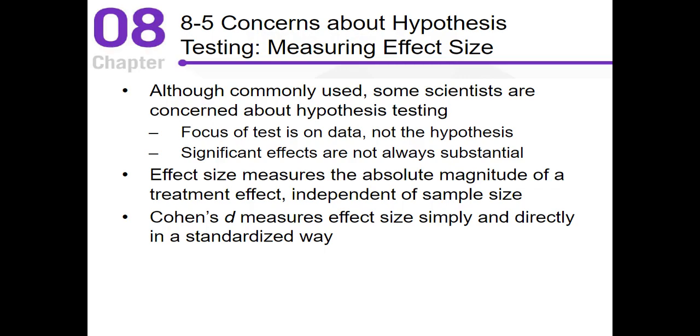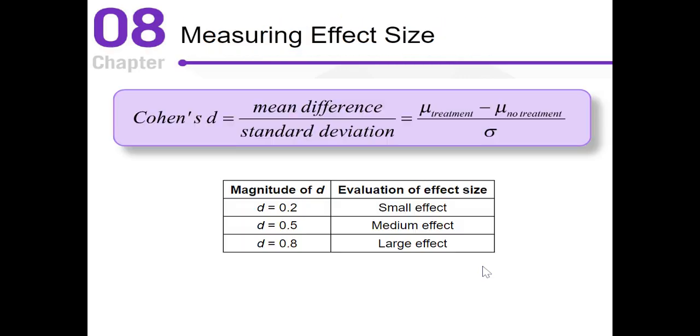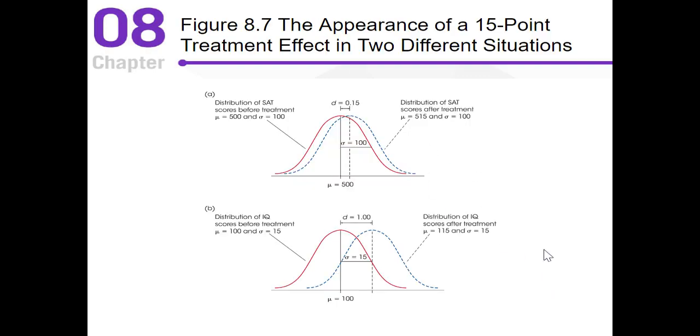Cohen's d can help measure the effect size simply and directly in a standardized way. So here's a formula for how we can look at Cohen's d and measure the effect size. That's in your book. And if we look here at figure 8.7, we can see the appearance of a 15-point treatment effect in two different situations. In part A, we've got the standard deviation that's 100 and a 15-point effect that's relatively small.